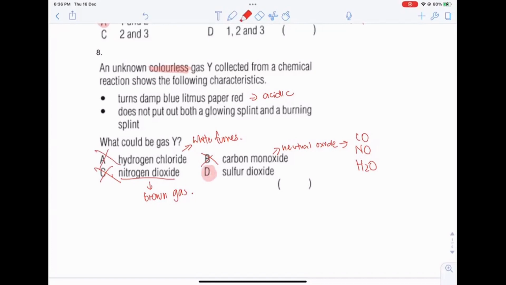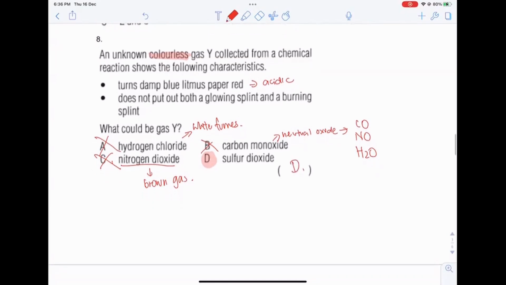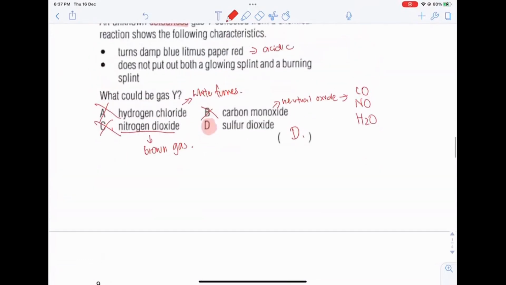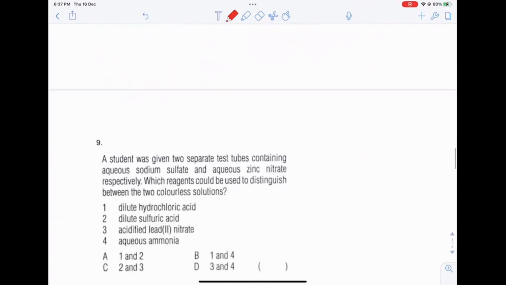So it's D. Okay, so that's how you get the answer. And of course, it does not put out a glowing splint and burning splint. So no hydrogen, right? And there's oxygen in it, I guess, because it does not put out. Okay, so that's how you get your answer for 8.